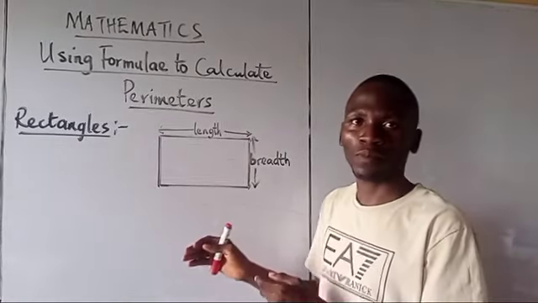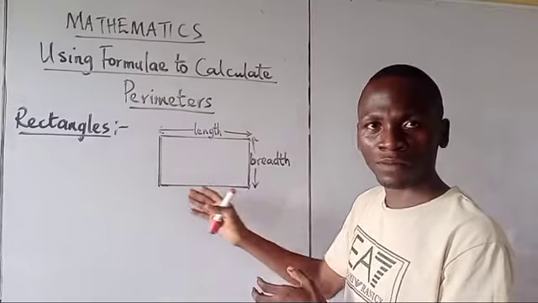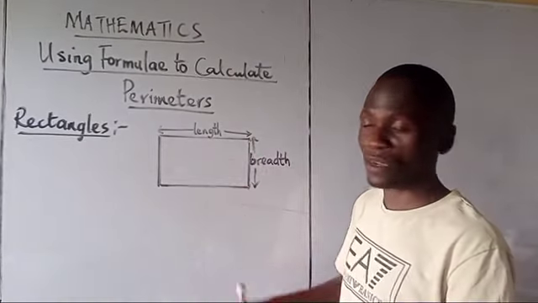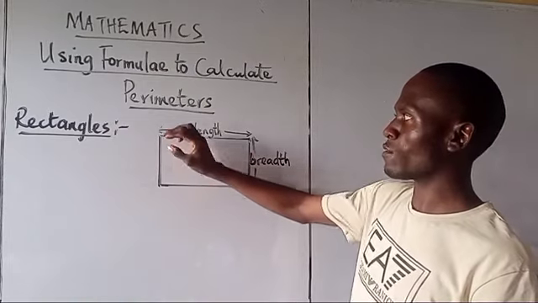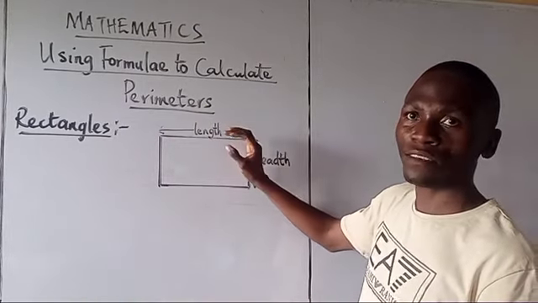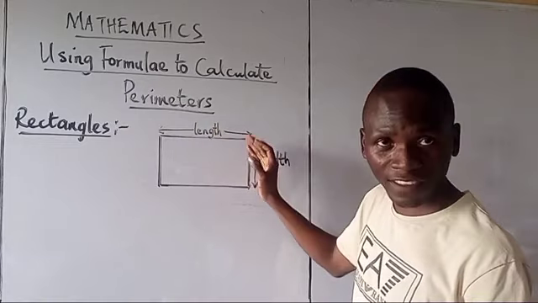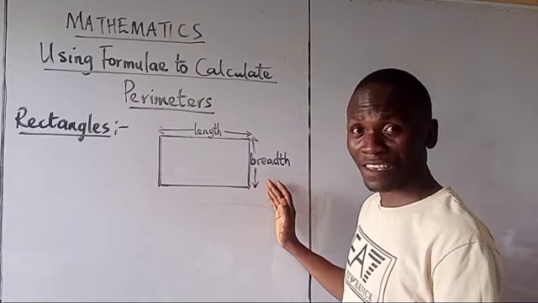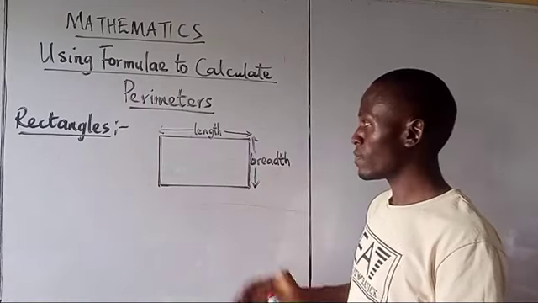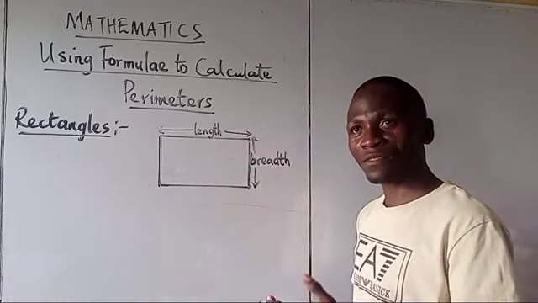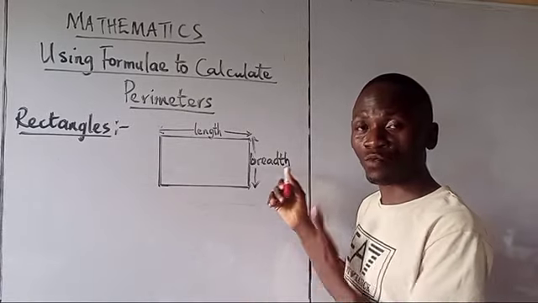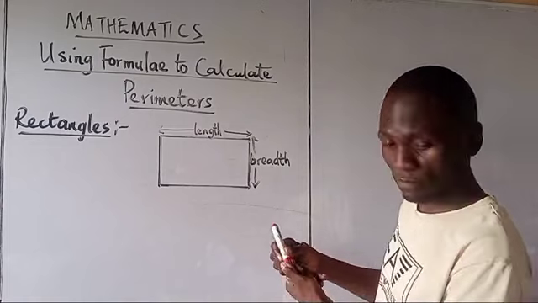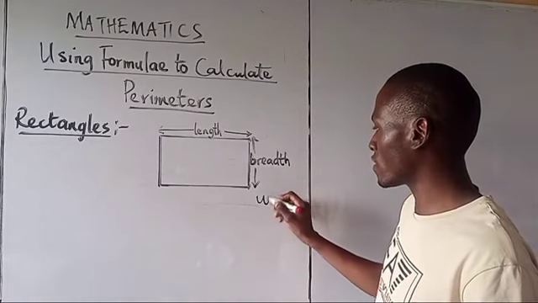Like we know, a rectangle is a four-sided shape like this. It's a quadrilateral. It has the longer side being referred to as the length, the shorter side being referred to as the breadth. Sometimes they call it the width.